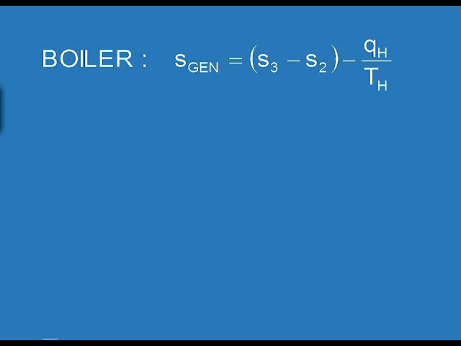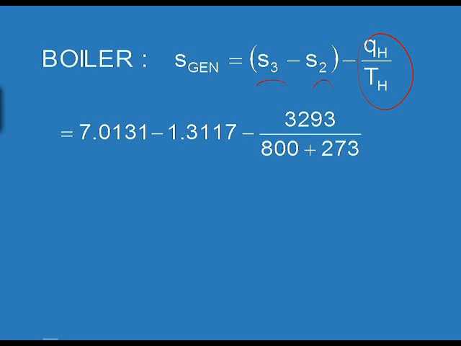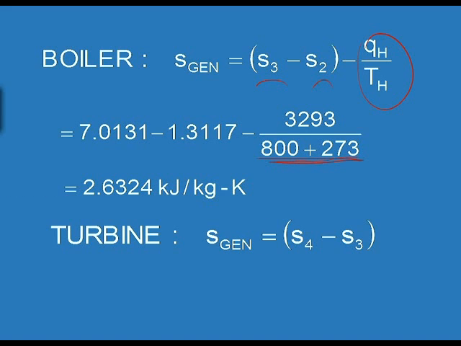And now let's look at the boiler. For the boiler, we have S out minus S in minus Q in over T in would be entropy generated for the boiler. And I have to be careful, make sure that's in degrees Kelvin here, absolute temperature. And that comes out to 2.63 kilojoules per kilogram.